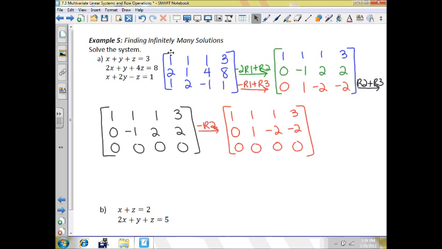So here's our matrix. Now we could keep going to put it in reduced row echelon form, so let's keep doing that. We're going to change the top row to negative row 2 plus row 1.